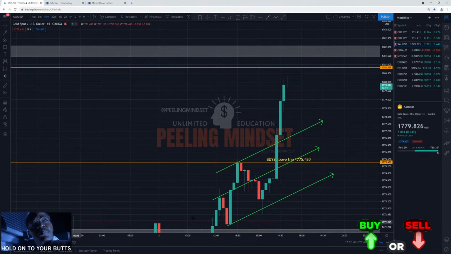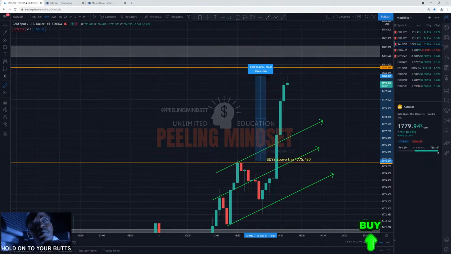Wow. Almost 50 pips. Look at the volume candle. When you have volume, it's just beautiful, right? You always want to be on this side of the volume. Look at this, dude.